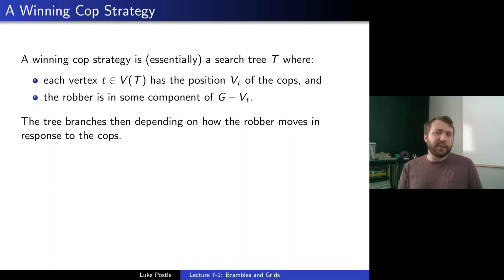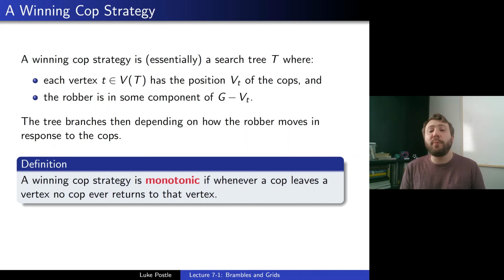Now, that really is just any strategy. It could be any such tree. There's a particularly nice kind of strategy which we'll call monotonic. A winning cop strategy is monotonic if whenever a cop leaves a vertex, then no cop ever returns to that vertex. So we're monotone in how we use the cops.